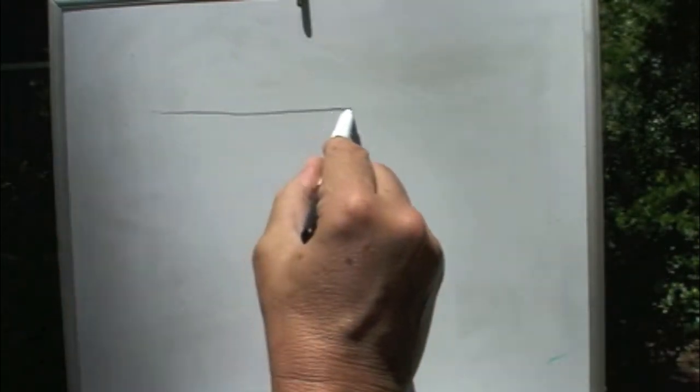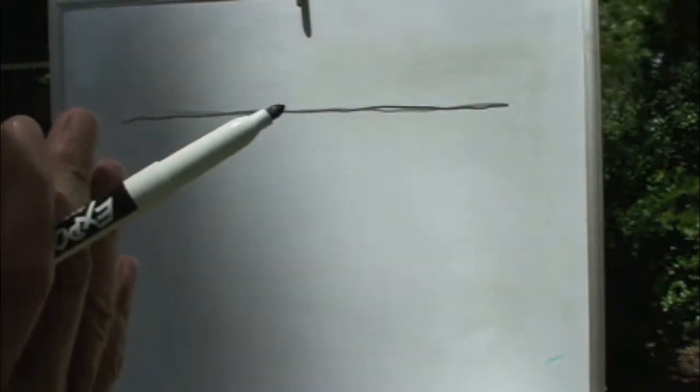First always start with your horizon line. Now, horizon line is actually your line of sight, your eye level. If you're not painting outside, if you're painting indoors, your line of sight is going to be totally different.